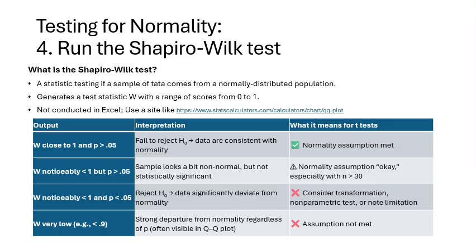You're going to do a non-parametric test, a test that allows for this kind of sample, or you're going to just write about the limitation, and that's the one that we're going to elect to do for your midterm project. And if the W is very low, which they give as an example of what very low is, less than 0.9, so it's not really that low, when we think about it, but that's still considered a strong departure from normality, and you probably would have seen this in the QQ plot, and the assumption hasn't been met.